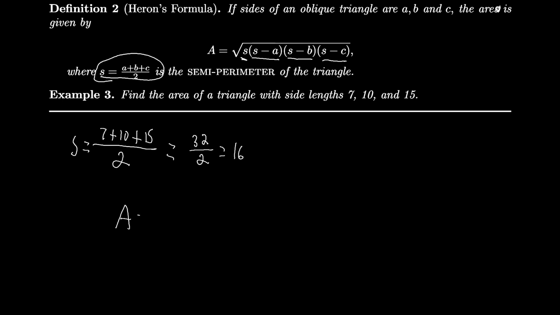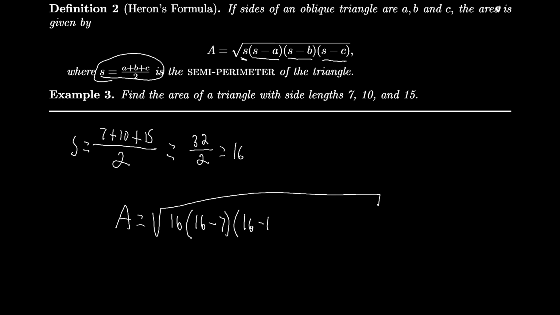So then the area is the square root of S, which was 16, times S minus a, so 16 minus 7, times S minus b, so 16 minus 10, times S minus c, so 16 minus 15. Therefore, this is the square root of 16 times 9 times 6 times 1.